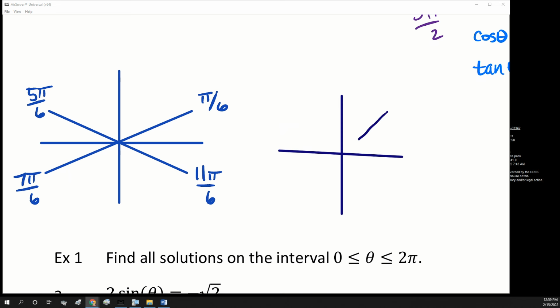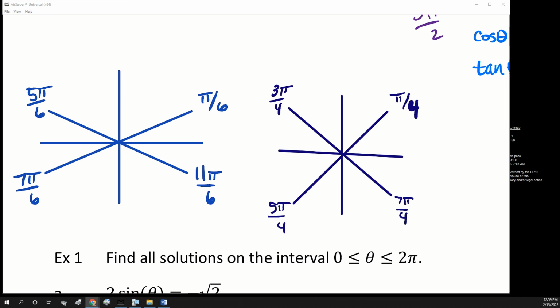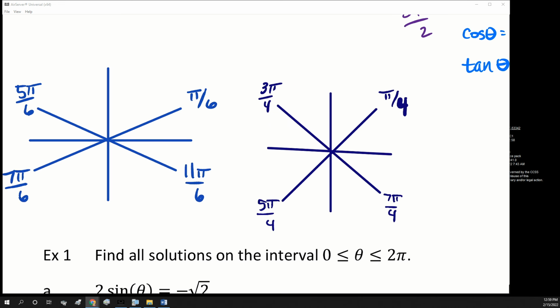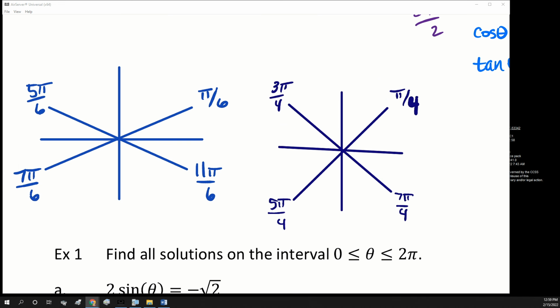So we'll do the same thing for pi over 2. No, just kidding. Pi over 4. All right, so when we're doing pi over 4 around the quadrants, you're just going to the next odd number. Okay.